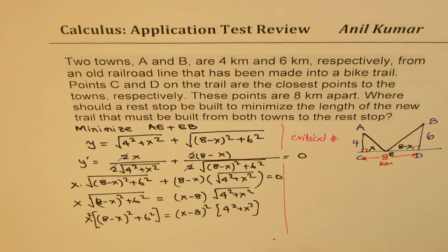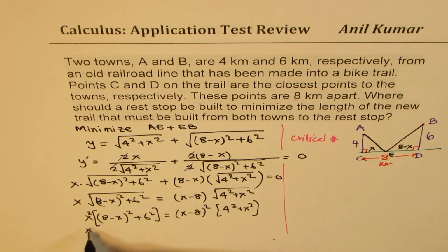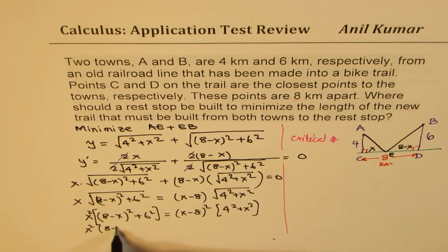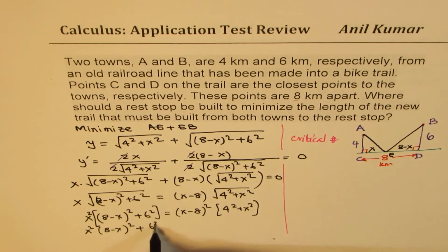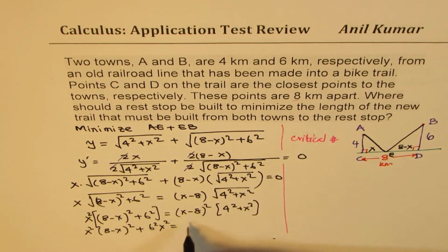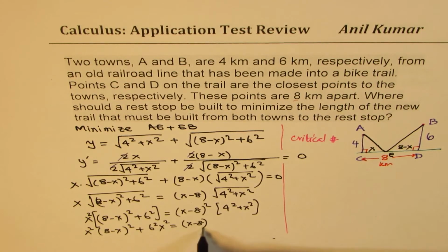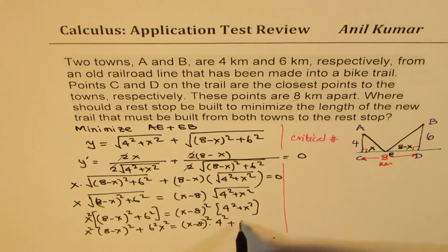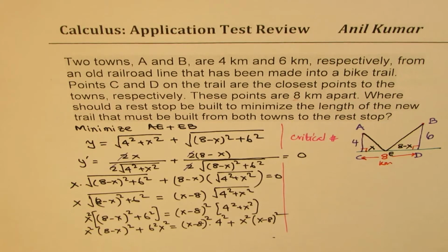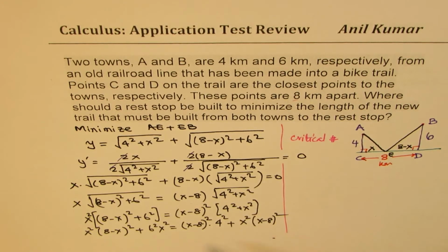What you notice here is that we could simplify a bit more. Let's open this bracket. So we have x squared times (8 minus x) whole squared plus 6 squared times x squared, and we have here (x minus 8) whole squared times 4 squared plus x squared times (x minus 8) whole squared, correct? Purposely I am not expanding the squared terms since they cancel.